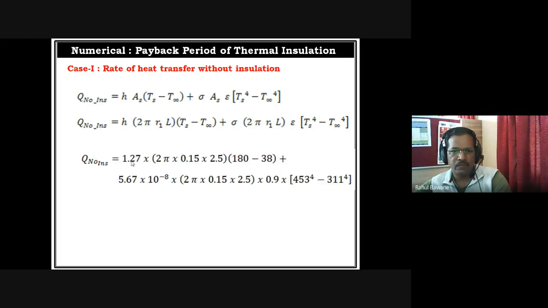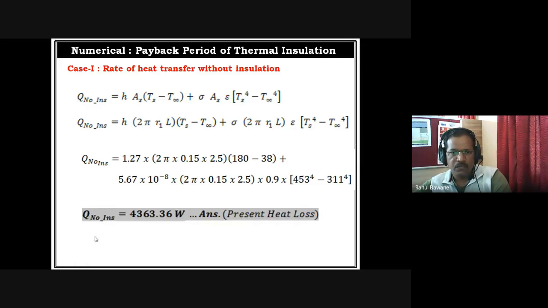We have the value of h, r1 is 0.15, length of pipe is 2.5, T surface is known, T infinity is known. So we have all the numerical values. After calculating, we come to know that when there is no insulation, the total heat loss from that pipe is 4363.36 watt. This is the current condition when there is no insulation. So this much amount of heat is actually lost.